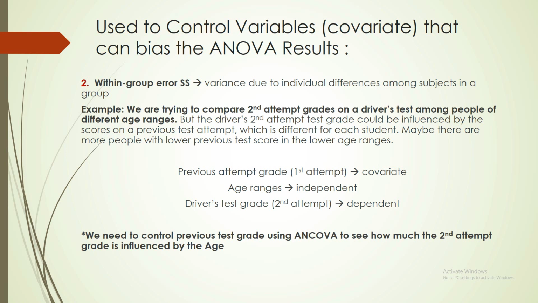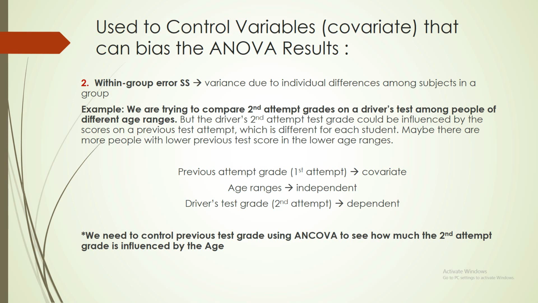Now, for the two examples that I've just discussed, I only considered situations where there is only one outcome variable. So in these cases, ANCOVA should be used in order to control for the covariate so that we can see cleanly the effect of the group variable on the outcome variable.